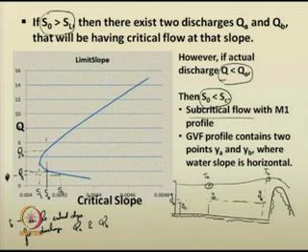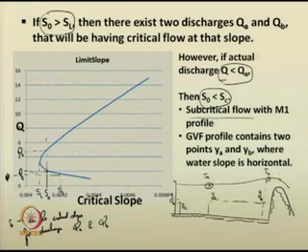So, these points yA and yB represent the normal discharges QA and QB. At TA, at these locations, the gradually varied flow profile will be horizontal. So, they are the points of inflection, that is, the slope of the curve changes from that location onwards. So, TA and TB are the transitional locations, and the transitional depths are the corresponding yA and yB. Fine.